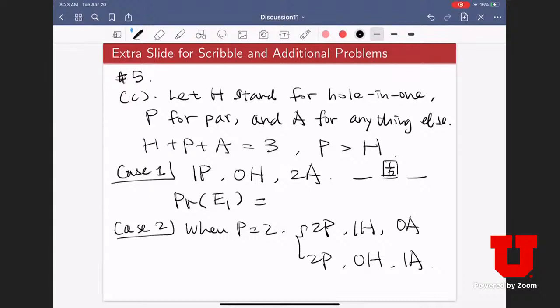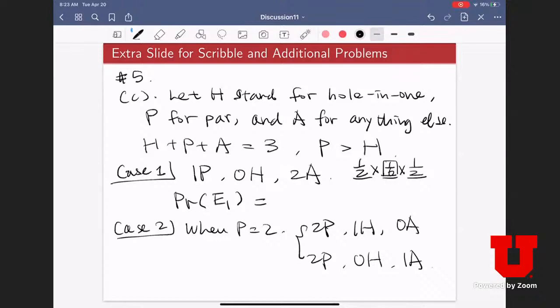And then the other 2 are anything else, so that's 1/2 and 1/2. That is one of the possibilities of your event E1.